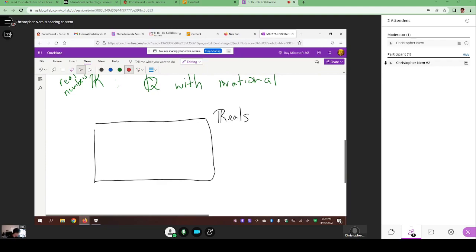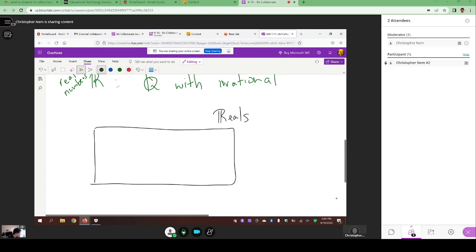Now, you're going to have possibly this portion right here. We're going to call this portion your rationals. That might be a bit hard to see, but I will fix that up. I just erased everything, but bear with me. This is your rationals.